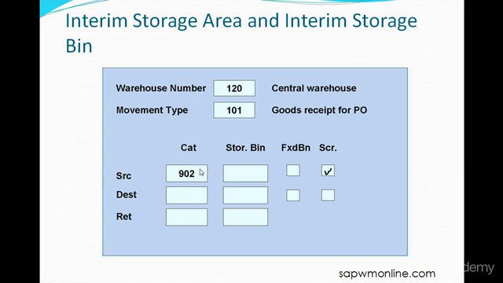For an external goods receipt for a PO, it would be 902, and we specify whether it is a dynamic bin or a fixed bin. So when you copy standard SAP warehouse 001, you would get all the standard settings recommended by SAP. So this is one of the standard settings recommended by SAP. For movement type 101, the source storage type, the dynamic bin, is adopted from the preceding document that triggers the movement type.